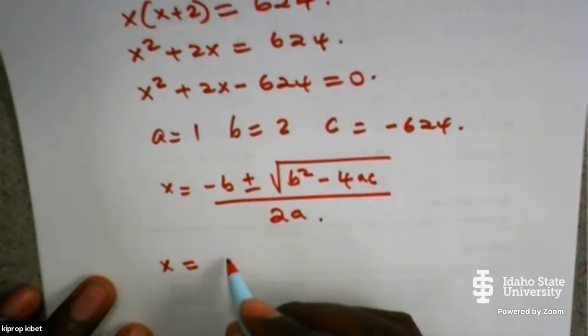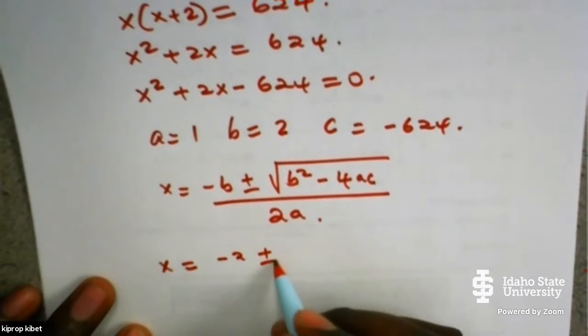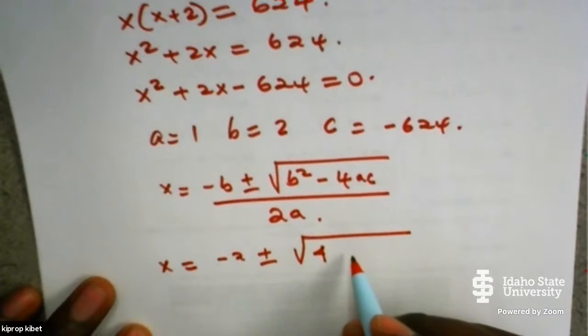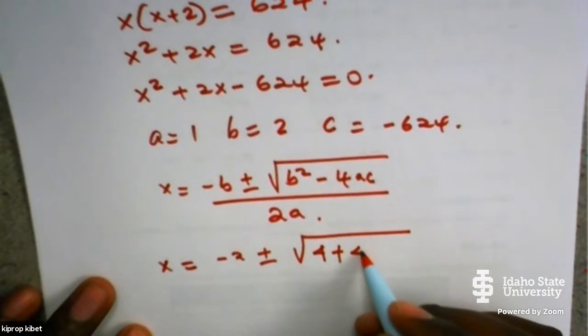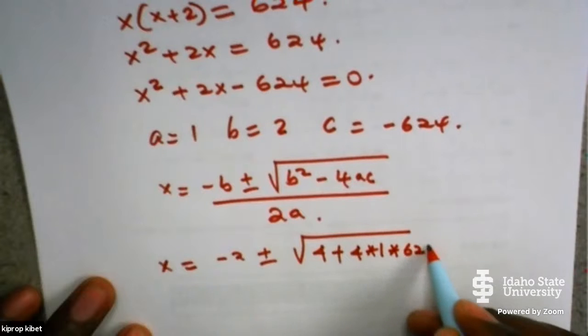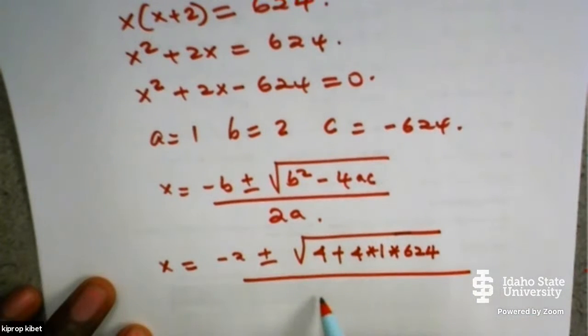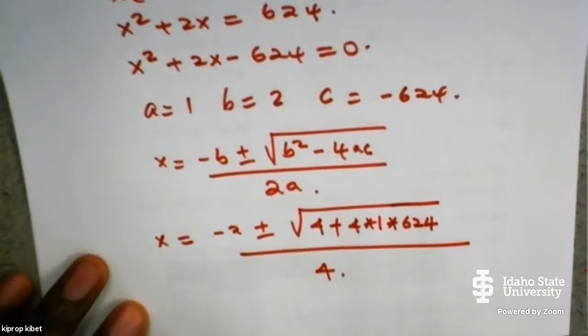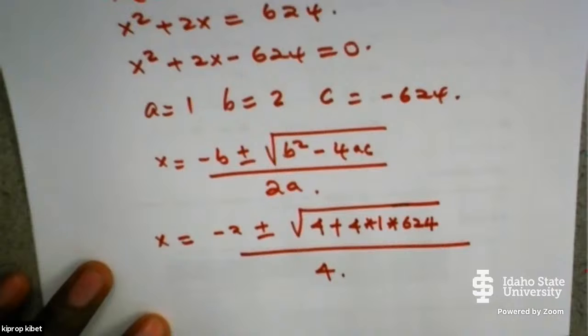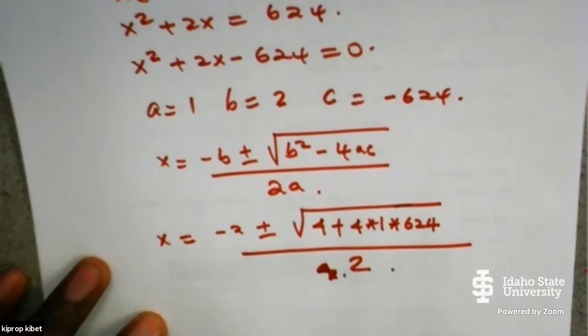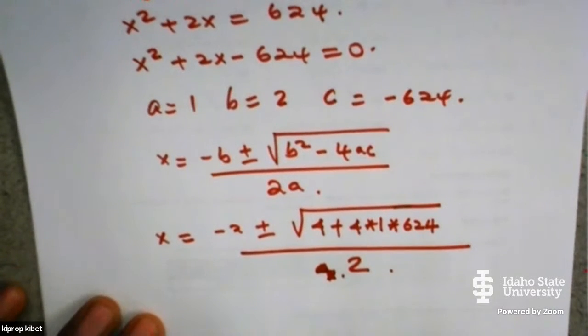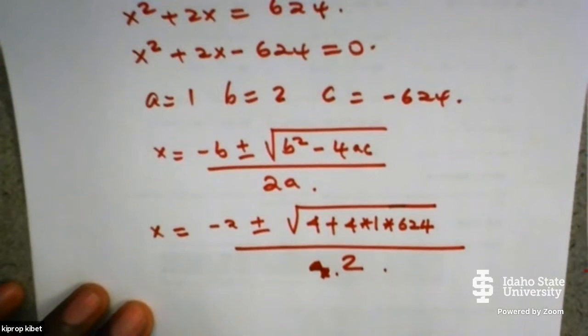So x equals minus 2 plus or minus the square root of 2 squared, which is 4, plus 4 times 1 times 624, all over 2. 4 multiplied by 624 is 2496.